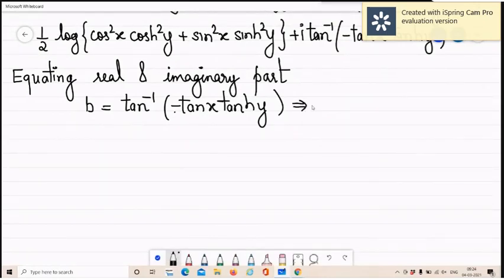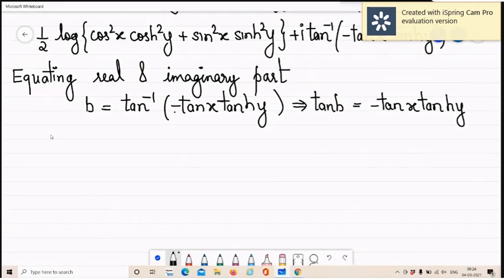From here directly I get tan B is equal to minus tan x into tanh y. So I got the second part.